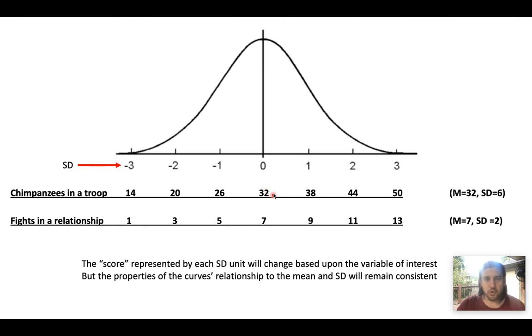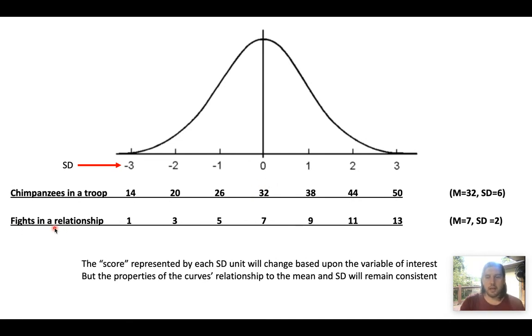A chimpanzee troop with 33 or 34 or 31 or 29 individuals is very common because it's close to the mean.